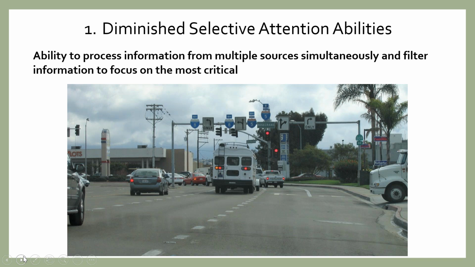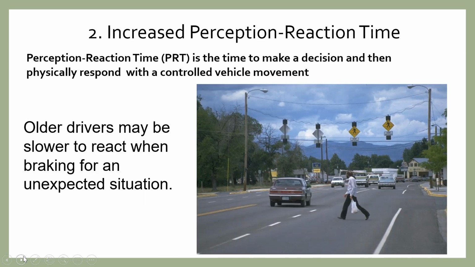Well, it's not that the pedestrian came out of nowhere. It's just that as human beings, we weren't able to simultaneously process all that could be happening, all of the complexities on the roadway, and that can contribute to crashes.